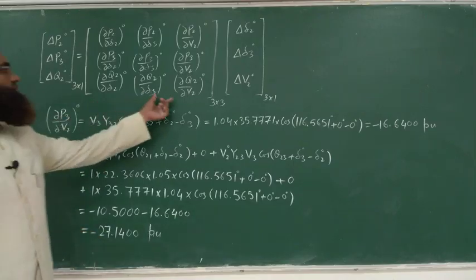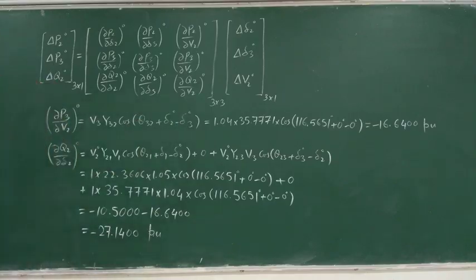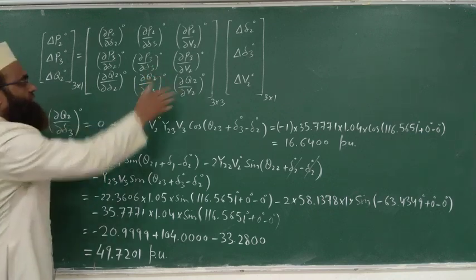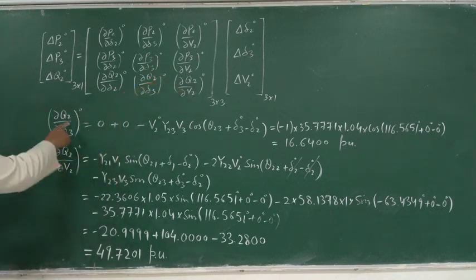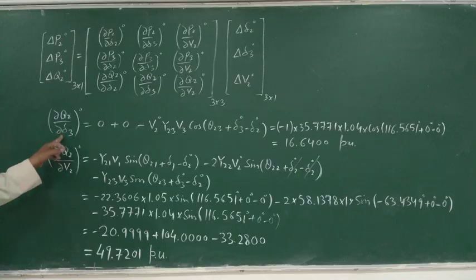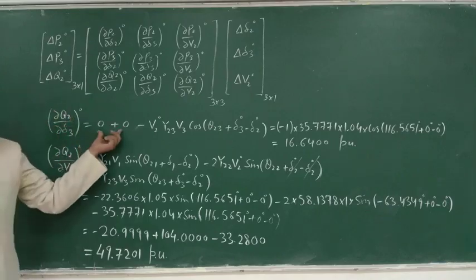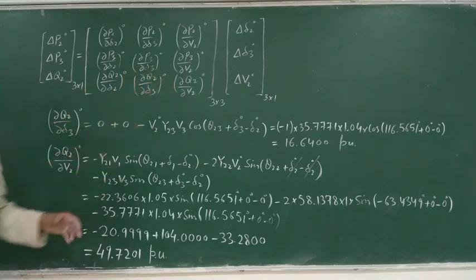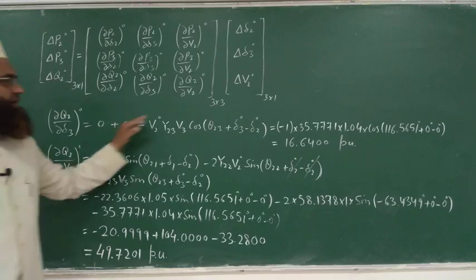So the last two terms we will evaluate quickly. Finally we have evaluated the last two terms of the Jacobian matrix. Del Q2 upon del delta 3 0: delta 3 is the variable now, and you are going to differentiate Q2. Observe the expression for Q2. You will see that there is no delta 3 in the first two terms of this Q2 expression for the 3 bus system, so the first two terms will vanish, and the last term will be like this.